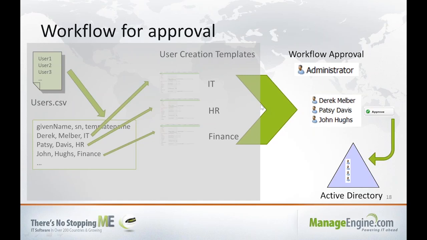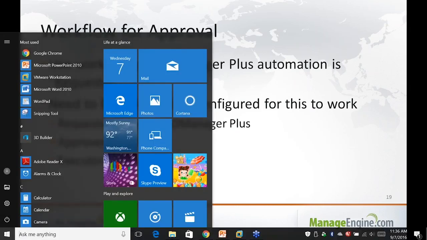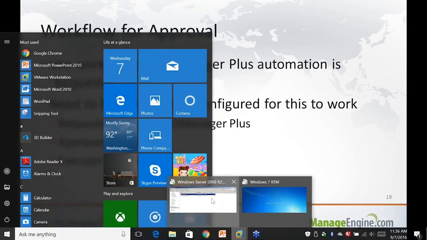So what do we need to set up for workflow? Well, workflow is basically going to be the idea that ADManager Plus, the automation, is the requester. The next pieces are optional for you with what you want to set up. So what I want to do is I want to show you how to set this up in ADManager Plus.